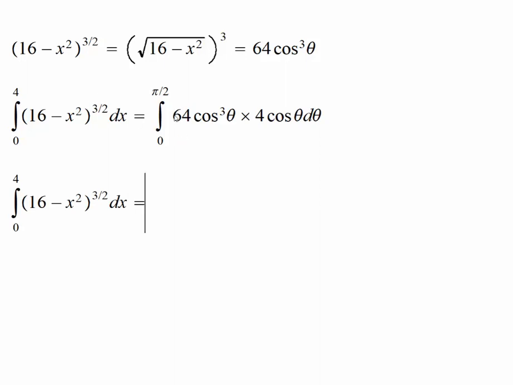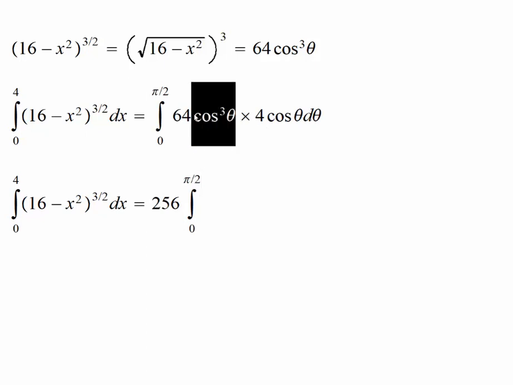If we multiply 64 times 4, that will be 256, and then we have the antiderivative of cosine cubed theta multiplied with cosine theta, which would be cosine theta to the power 4.